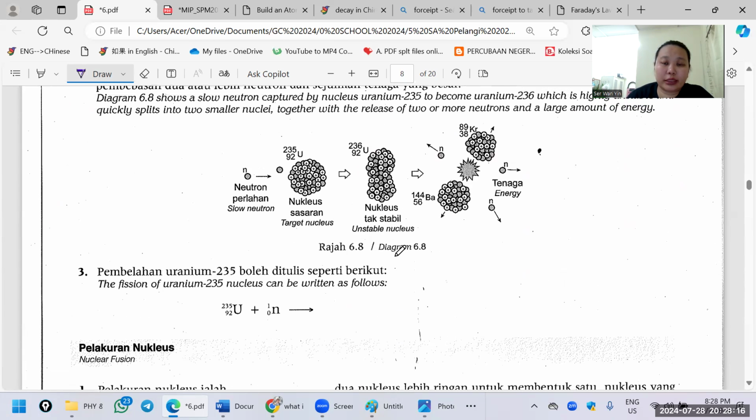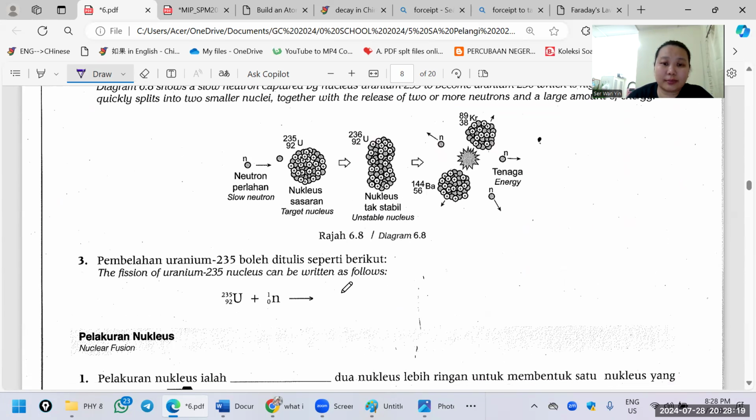Okay, so here is what I said just now. This neutron will bombard the uranium, and now the uranium becomes 236 and 92. It means the neutron is embedded inside, so that it is not stable. When it feels unstable, it will split into a few particles.